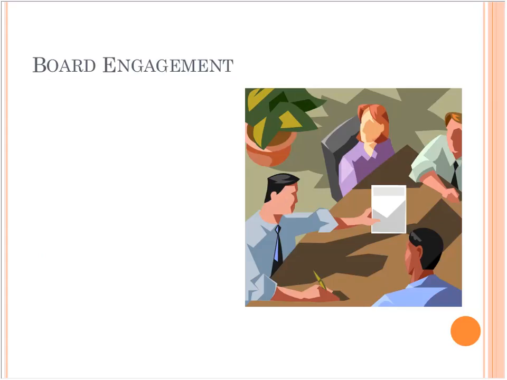You may be saying, geez, what's my role as a board member? Well, the board member at this phase really has 3 major points of engagement in the audit process. The first, even before the audit begins, is to select the auditor.